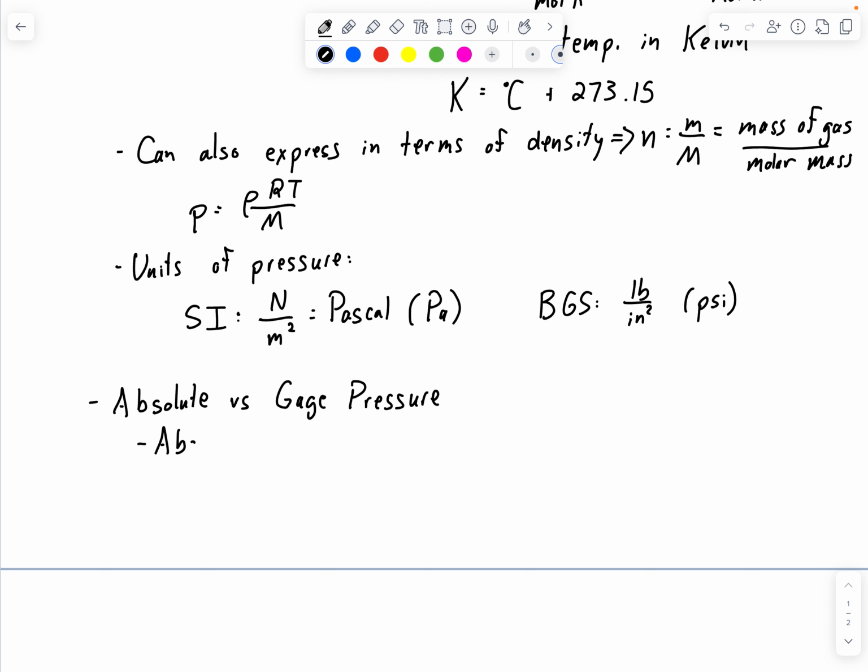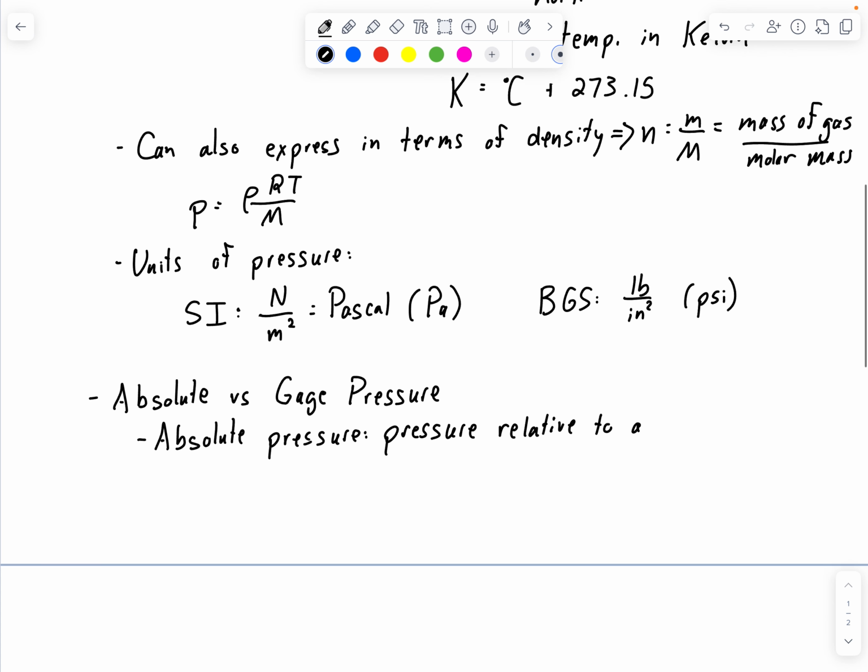Absolute pressure is the pressure relative to a complete vacuum, so that would be the zero pressure.